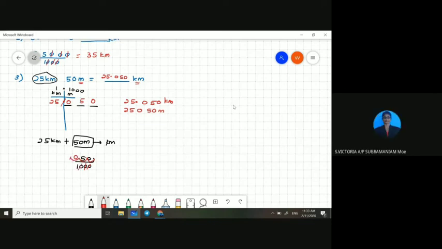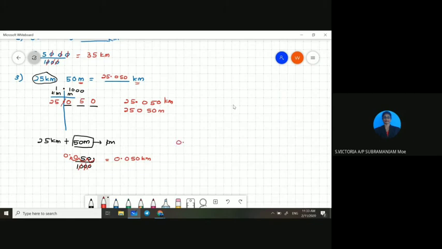So your decimal point will become here: 0.050 kilometer. You already converted this 50 meter to kilometer. Then you add this 25 kilometer with this 0.050 kilometer.